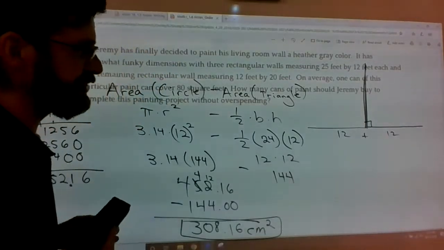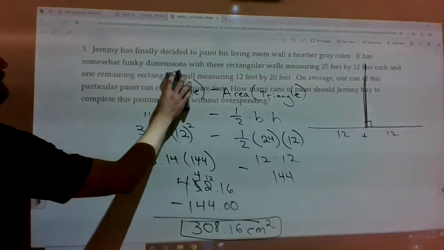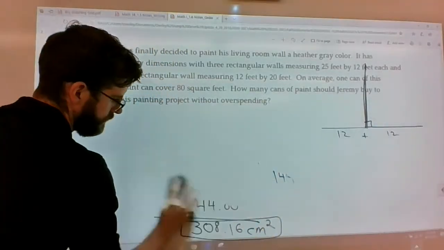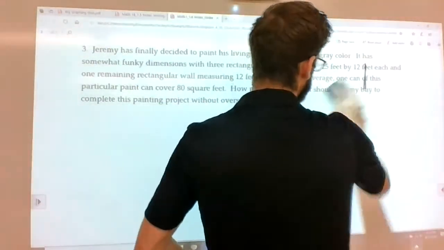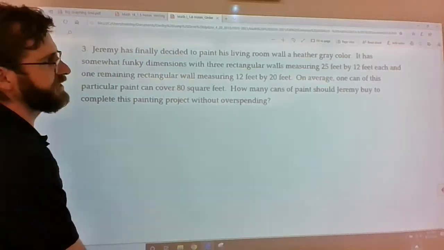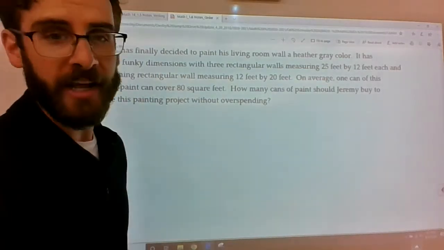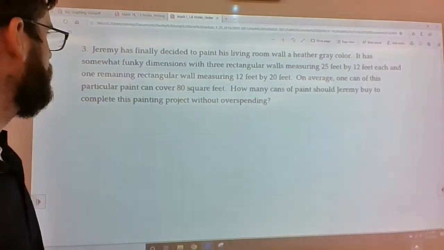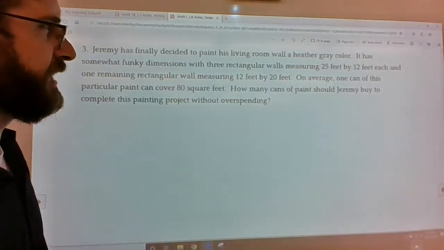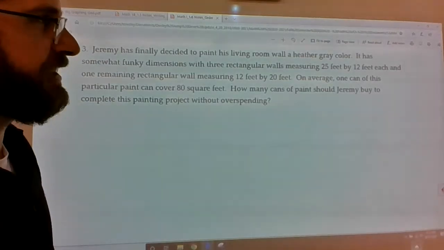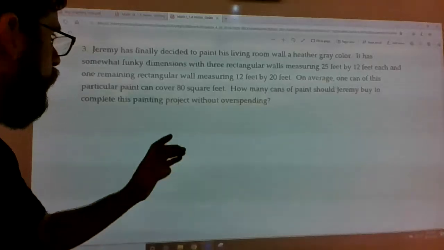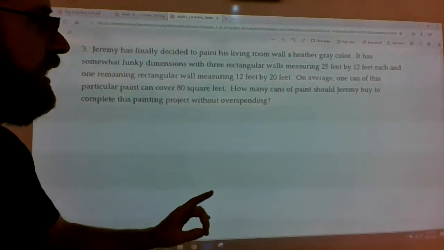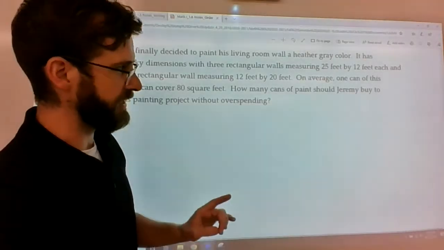All right, we got an interesting story problem. Jeremy has finally decided to paint his living room wall a heather gray color. It has somewhat funky dimensions with 3 rectangular walls measuring 25 by 12 feet each, and 1 remaining rectangular wall measuring 12 feet by 20 feet.